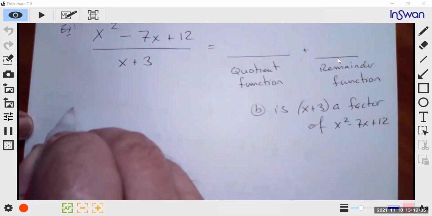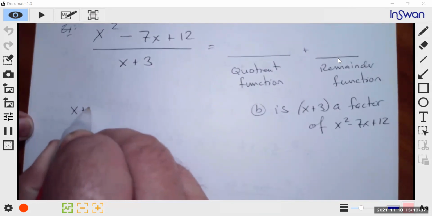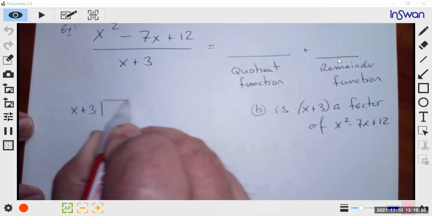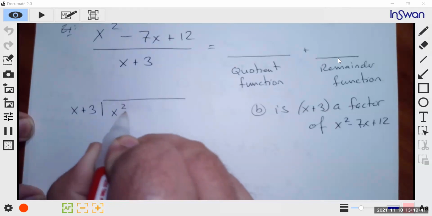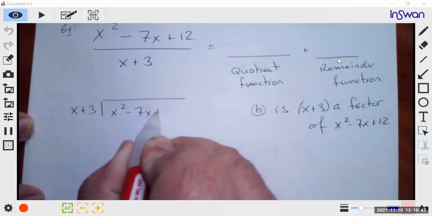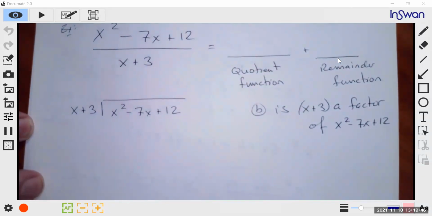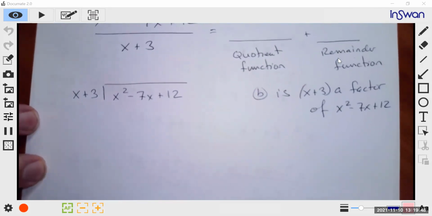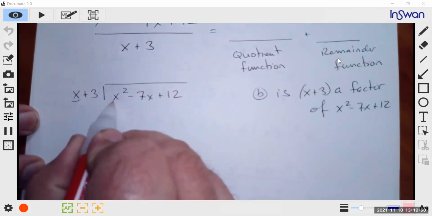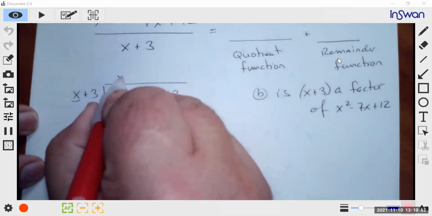So we do long division. x plus 3 into x squared minus 7x plus 12. Look at the leading terms. What times x gives me x squared? x.